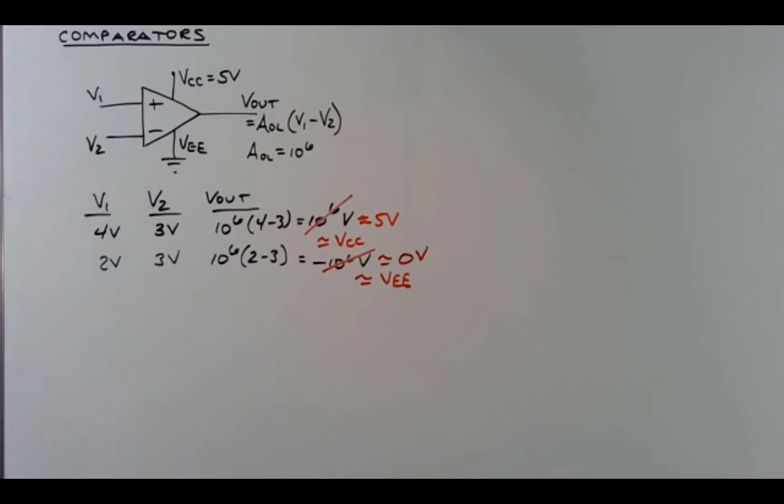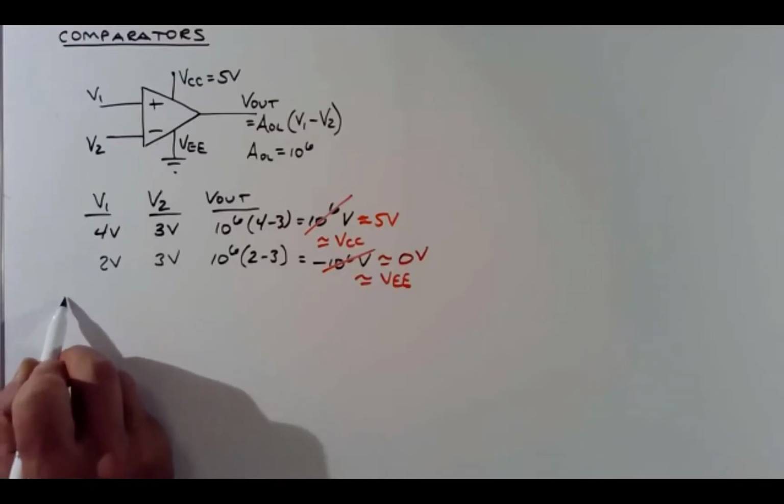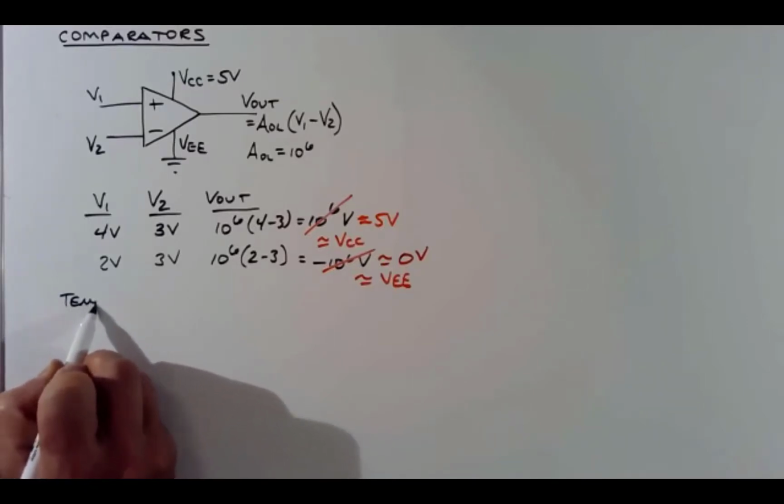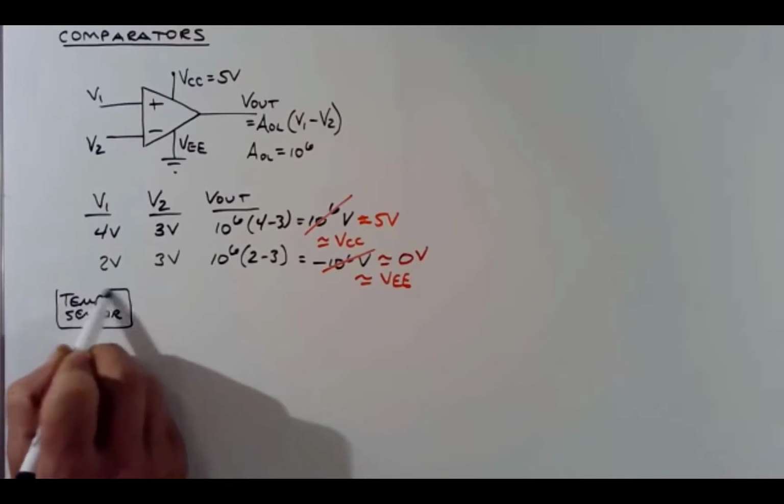Okay, so let's define what we want to do with a comparator. Let's suppose you want to build a thermostat. So maybe you have something like a temp sensor, right? I'm just going to draw a block diagram.